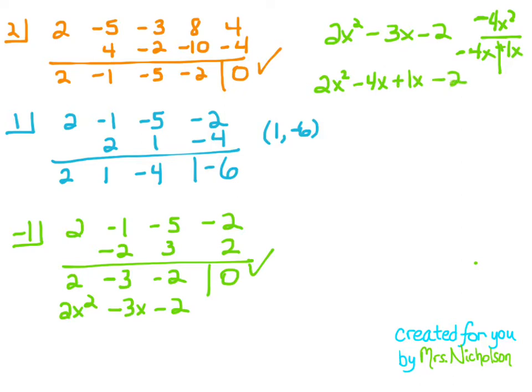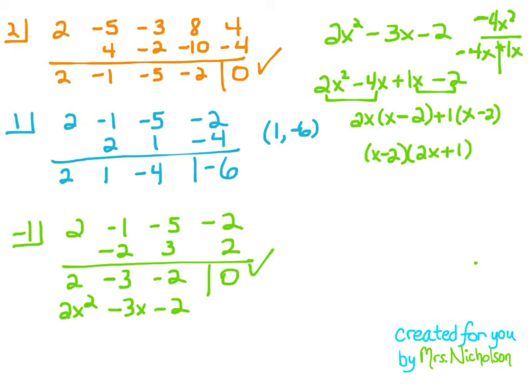And now we're ready to factor by grouping. From this first group, I can factor out a 2x, and I'm left with x minus 2. And in the second group, there's no common factor other than 1, so I'm going to put a plus 1, and then again I'm left with x minus 2. My parentheses came out the same, and so I'm going to go ahead and factor that out. I'm going to factor out the x minus 2, and I'm left with 2x plus 1 in the other parentheses.